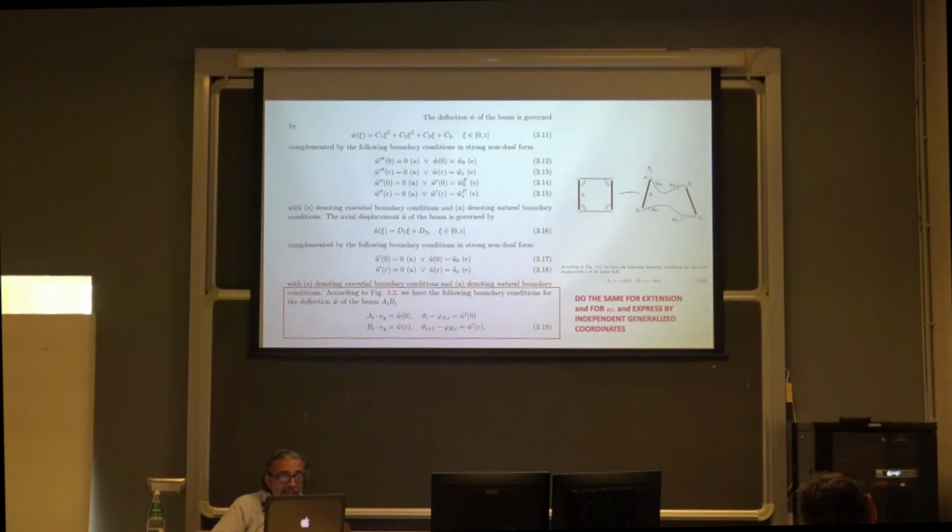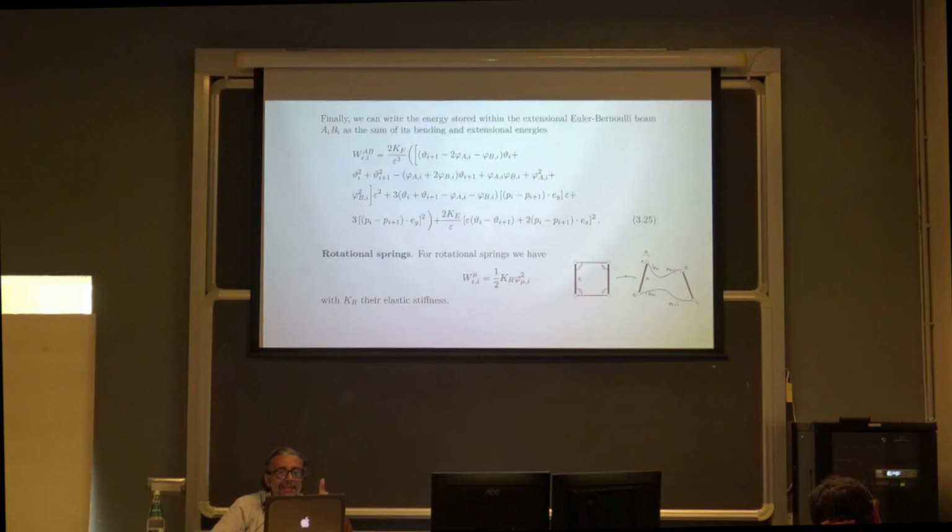You find the imposed boundary conditions in terms of the non-kinematical mesoparameters, and you get the deformation energy at the meso level. Remark, you have pi minus pi plus 1. You strongly want to homogenize this, getting a continuum model where the derivative of pi appears. Of course, you have also the energy of rotational springs.